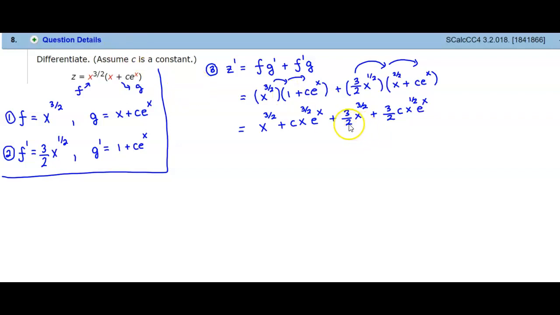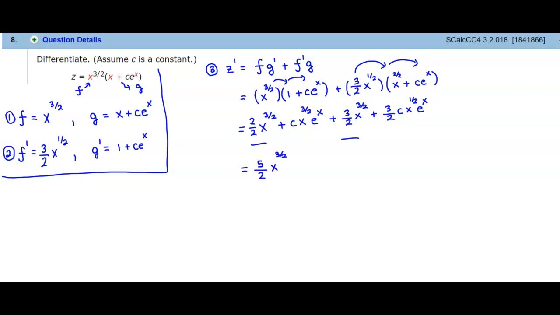Okay, now can we combine like terms? Yes, we can. You can see that we can combine these two terms. Since this is 1, this is the same thing as 2/2. So when we add 2/2 with 3/2, we get 5/2, and that's x to the 3/2.